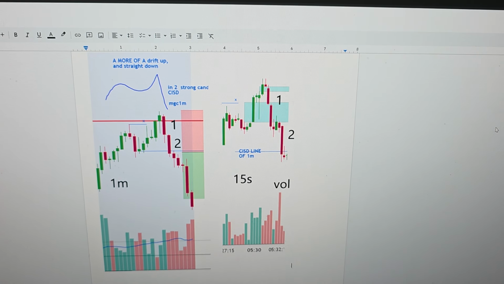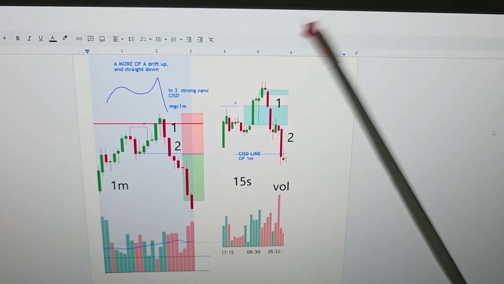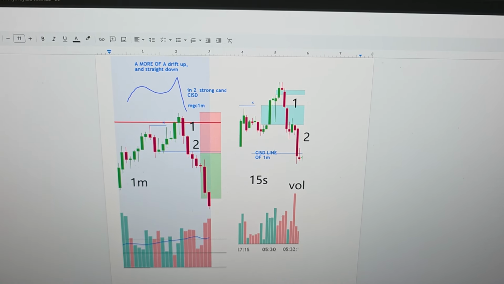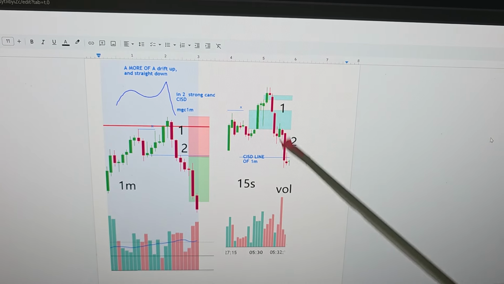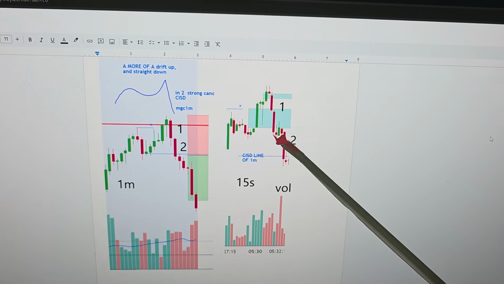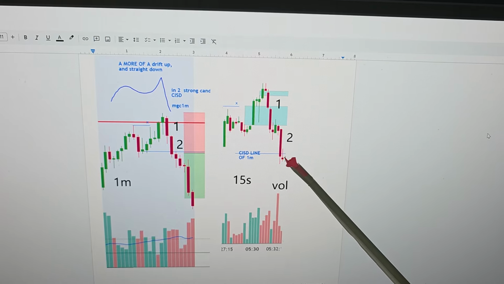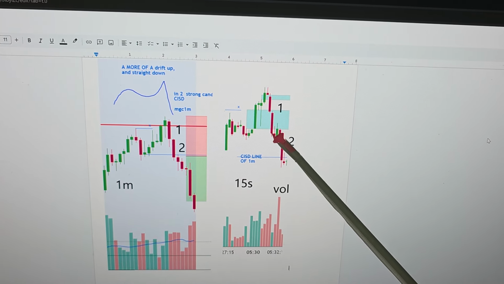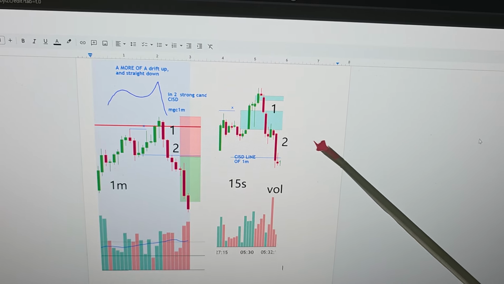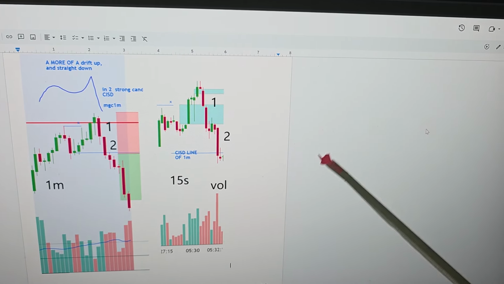That doesn't matter to us. We're not here for individual outcomes. We're here for the process. Our process says that we want to hold out for SysDs that have a clear close and IFVGs that have a clear close. Not this drifty little candle up and down.